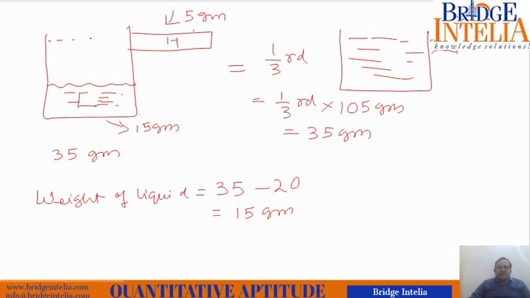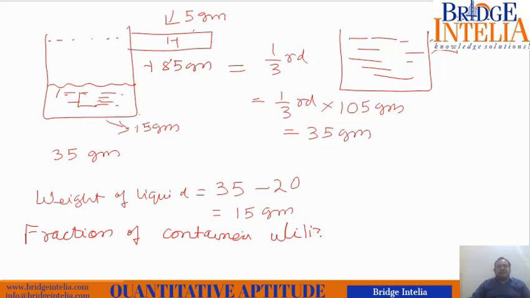This container is built to contain 85 grams of liquid, but you are filling it with only 15 grams. So 85 is the full capacity, but you are filling only 15 grams into it. So 15 by 85, both are multiples of 5, so 3 by 17.